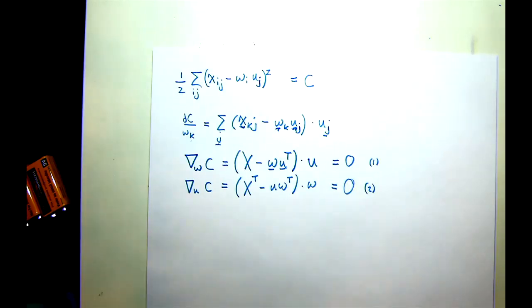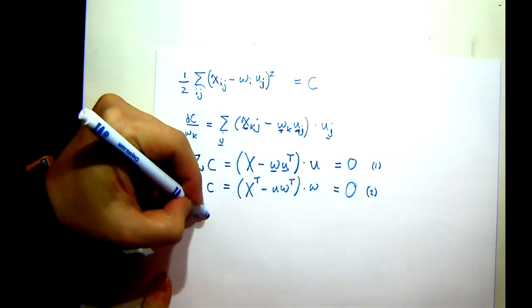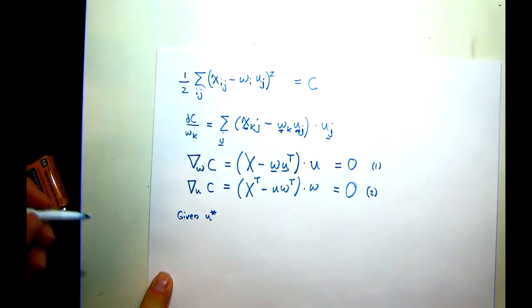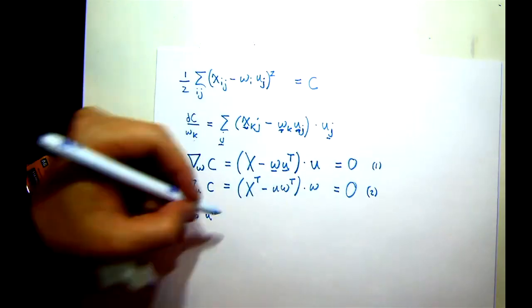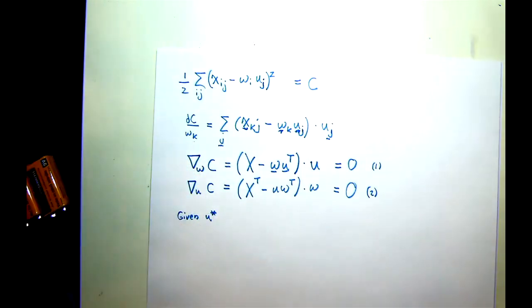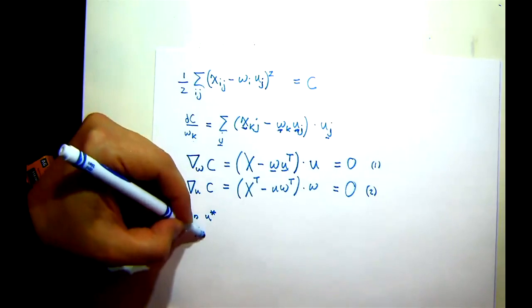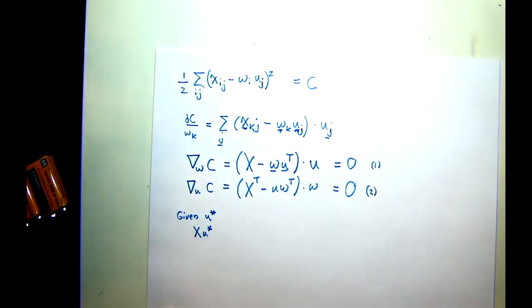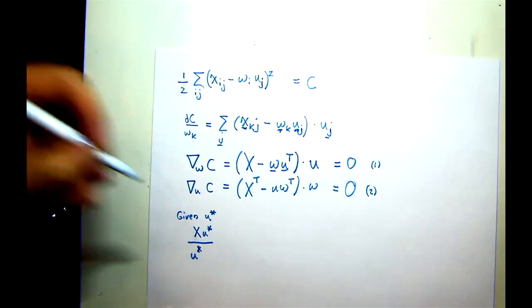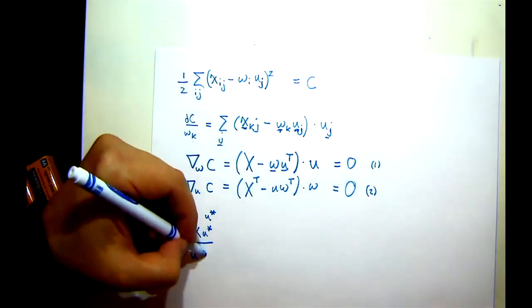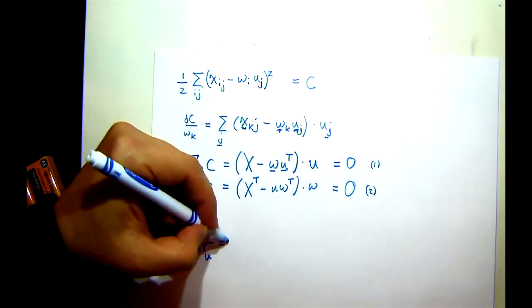So just to encode that, we're going to call them u star. Given some u star, we can solve equation 1, and it comes out to be, sorry, being left-handed is really a problem when the notes are on the left-hand side here. The transpose is here.